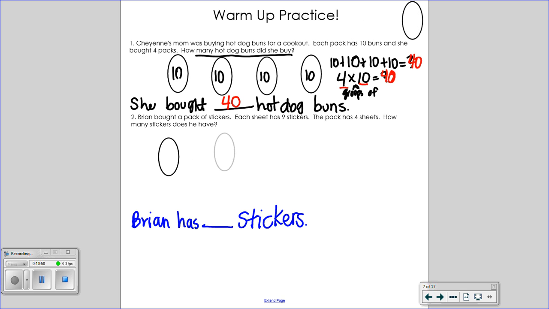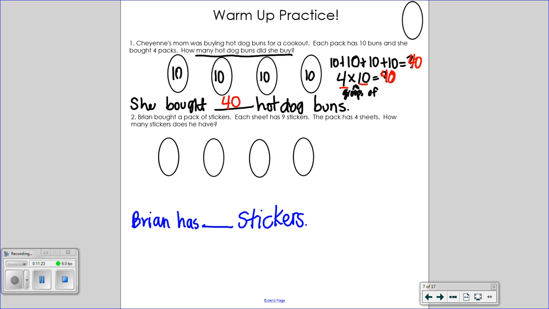Could you make them rectangular? Yeah, I probably would if I didn't have them already made, because sheets are usually rectangles. But I have these nice circles I can pull. Here are my 4 sheets. That's my group. I know it's my group because the things that I'm counting are in it. Does that make sense? Okay.